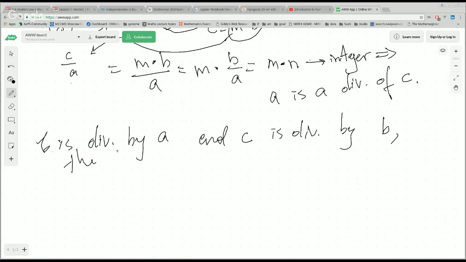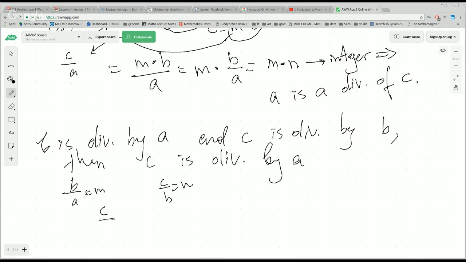Then C is divisible by A. Why is this the same thing as before? Well, if B is divisible by A, that literally means that B divided by A is an integer, just like before. C is divisible by B, that literally means C divided by B is an integer.